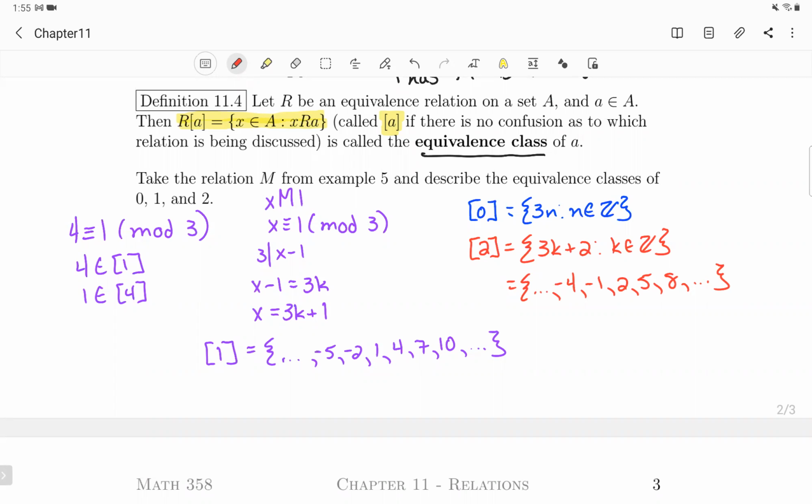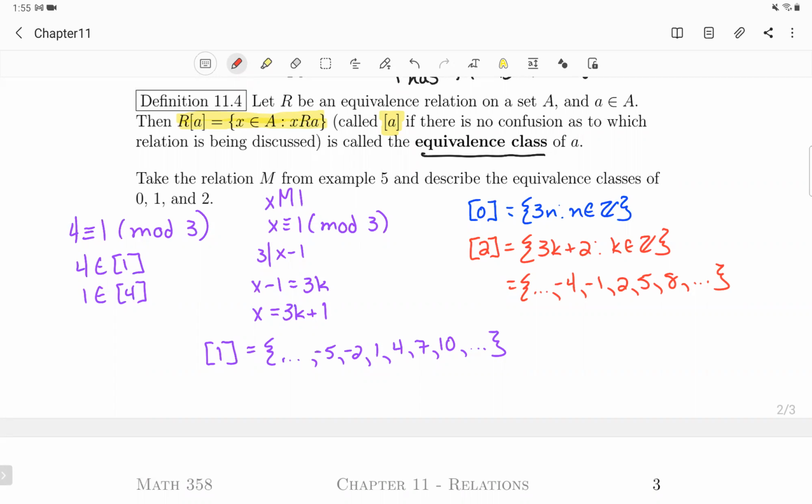You say, well, -100, I say, well, that's 2 more than a multiple of 3. A million would be 1 more than a multiple of 3. So we've actually covered all the integers here in these equivalence classes. So here's a question: will I ever have something in 1's equivalence class that's also in 0 or 2's equivalence class?